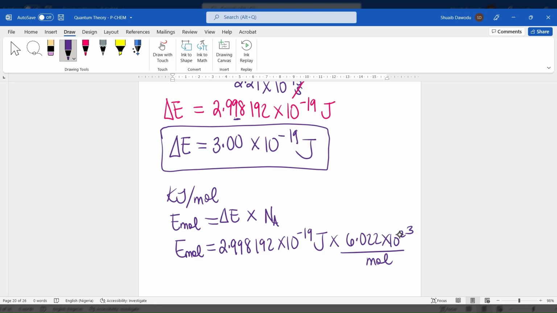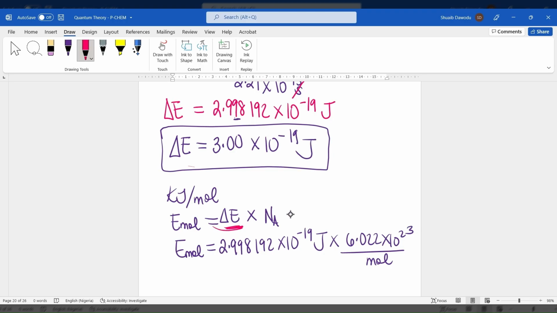I wanted to quickly mention something. Some of you may be wondering that I did the exact same thing I did in the previous question here, where whenever we are solving for E per mole, I'm substituting the raw value rather than the approximated value.